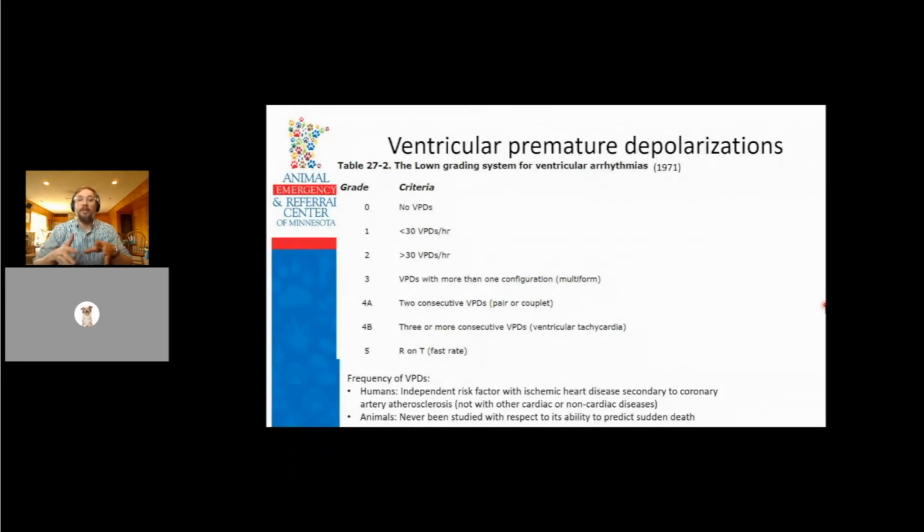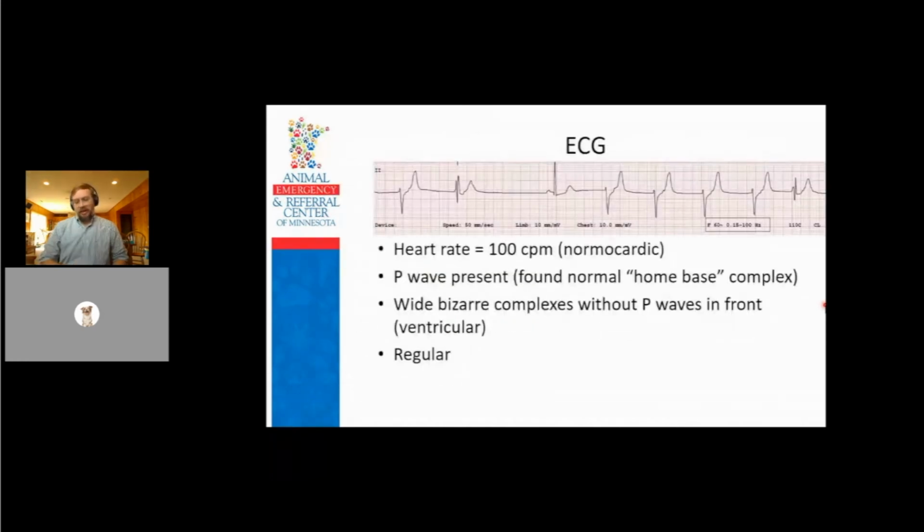And in certain situations, they found that the more severe the arrhythmias, the worse the outcomes. We don't have any studies in dogs and cats to prove that's the case, but it seems to make sense. If you have a dog in RMT VTAC, it's probably more likely to have sudden death compared to a dog with a single VPC. But the question is, where do we make the cutoff? When do we start to worry? When do we start to treat?